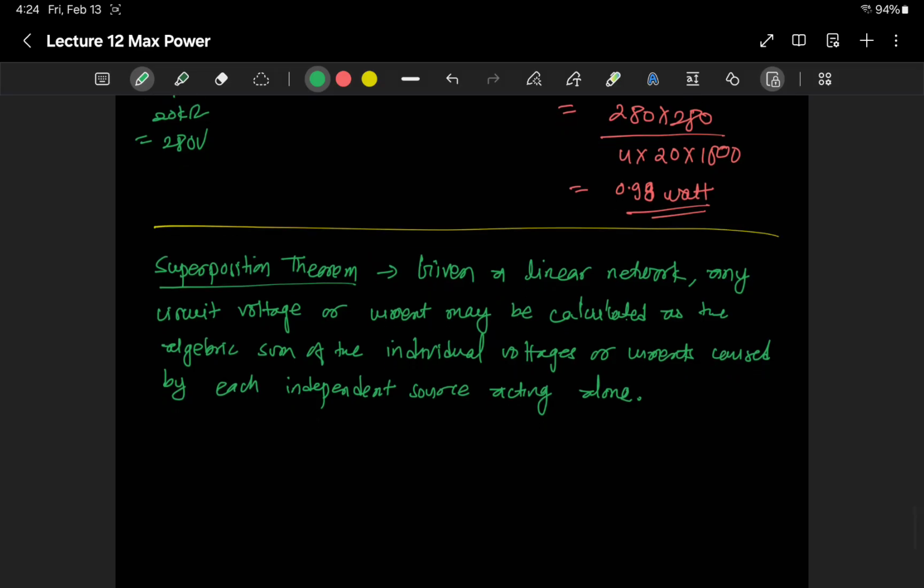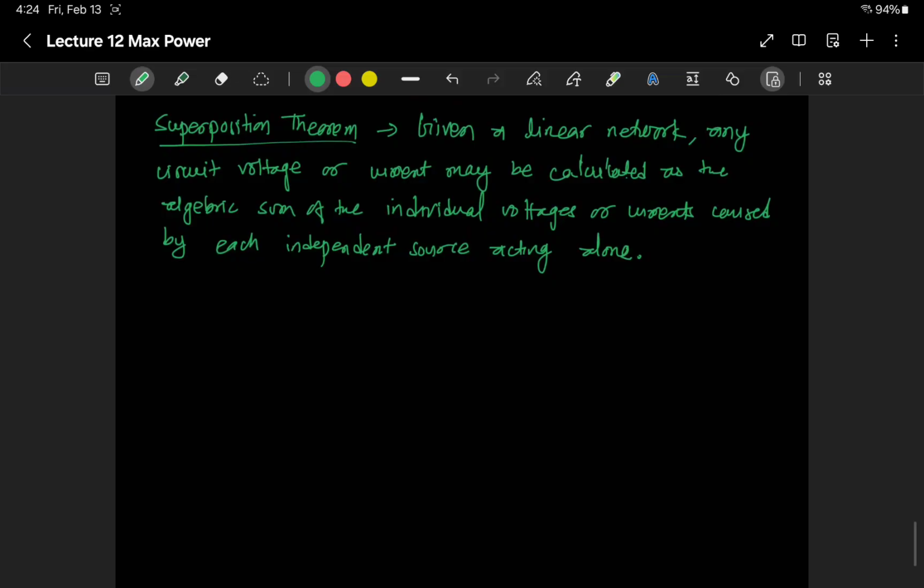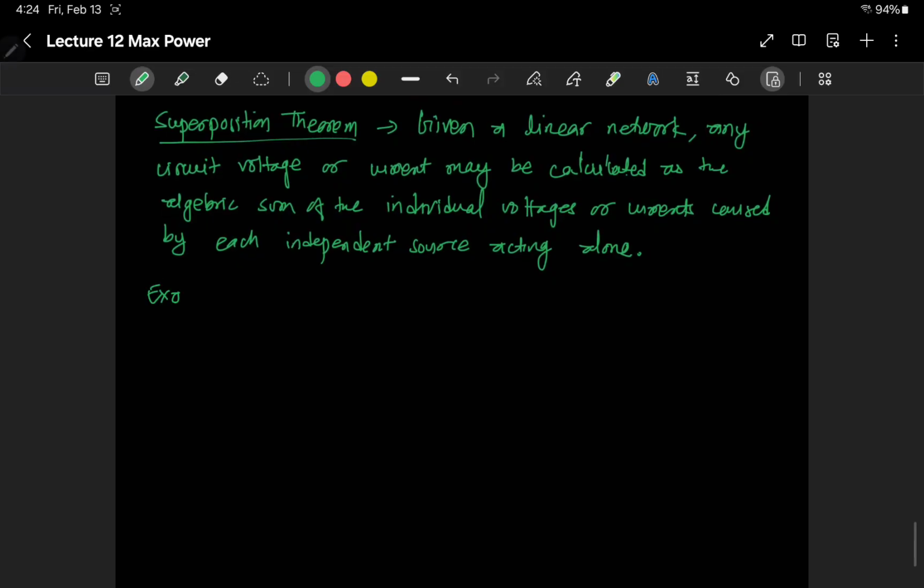Okay, so let's directly jump into an example and see if we understand that from there. The question asked is, use superposition to find the voltage V. Our circuit looks like this.